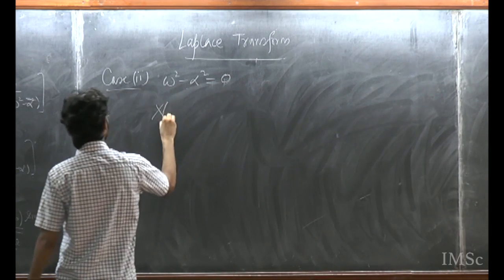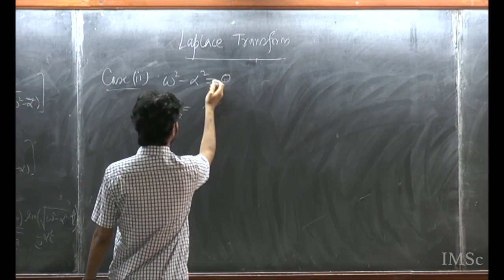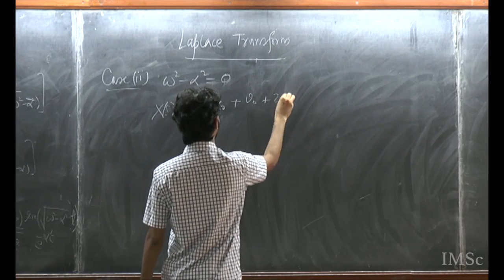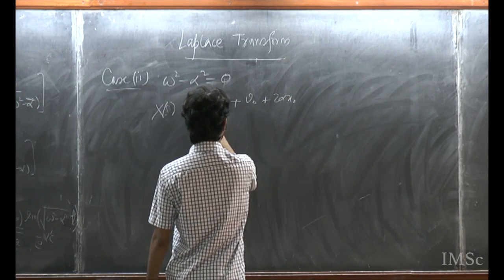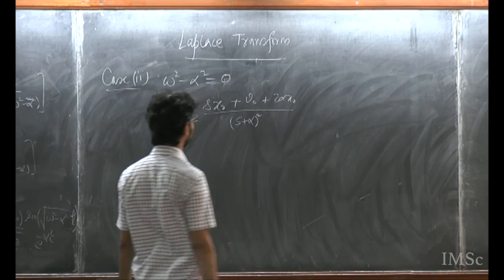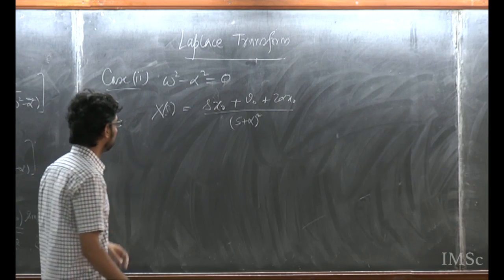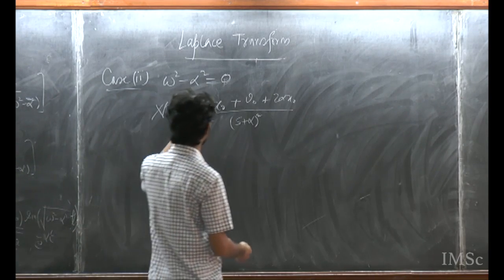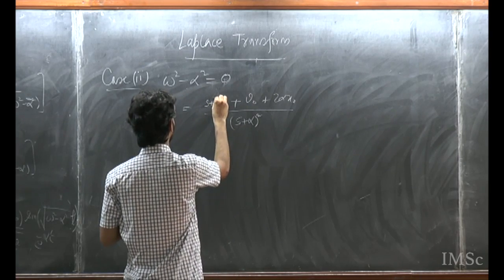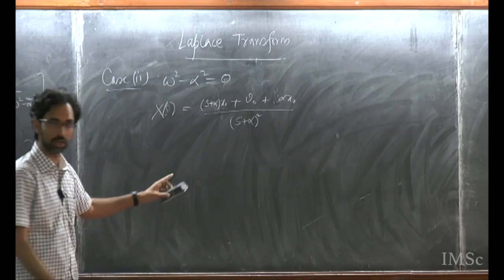X(s) is (s x naught plus v naught plus 2 alpha x naught) divided by (s plus alpha) squared, right? So again, we would like to take s plus alpha here. So let me write s plus alpha x naught and take it away from here. Is this okay?